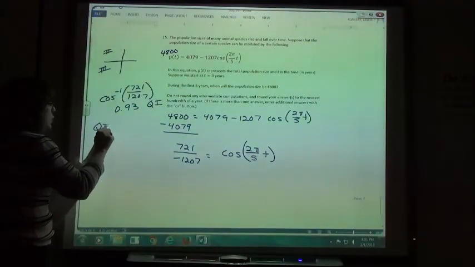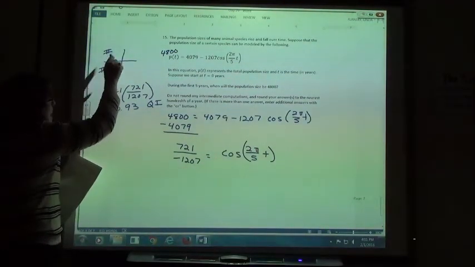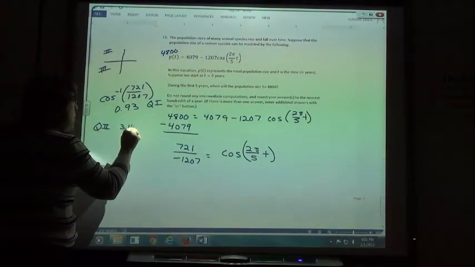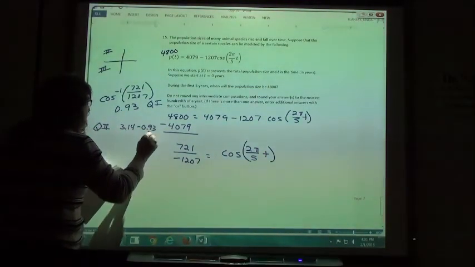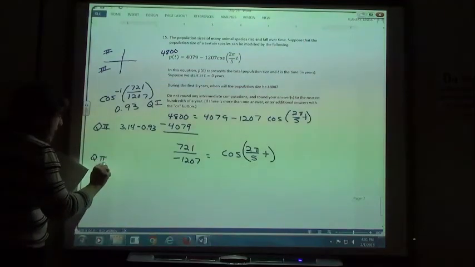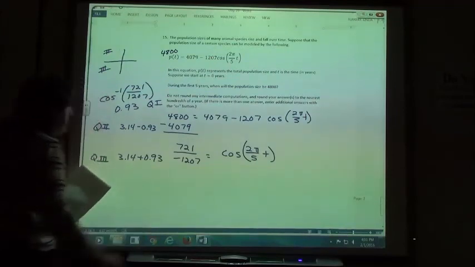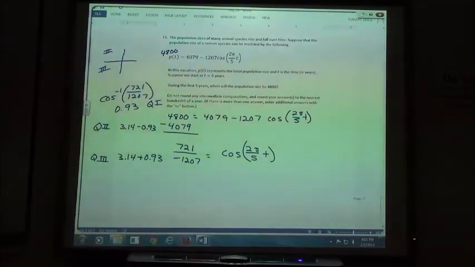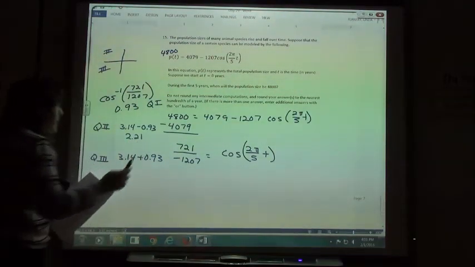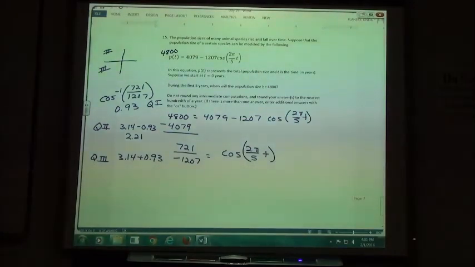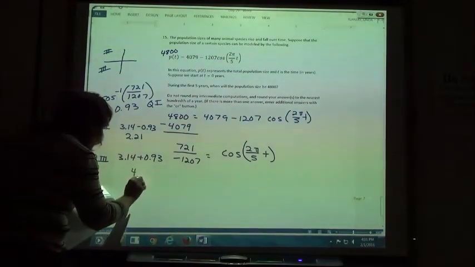So in quadrant 2, we are going to take pi minus our value, 3.14 minus 0.93. In quadrant 3, we're going to take pi plus our angle. So 3.14 minus 0.93 gives me 2.21. 3.14 plus 0.93 gives me 4.07.